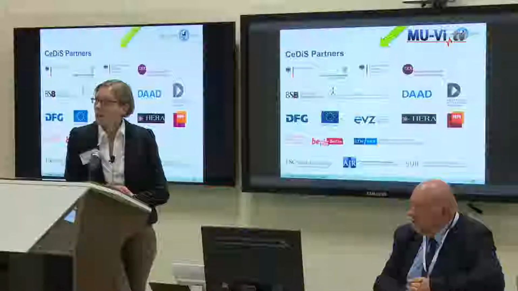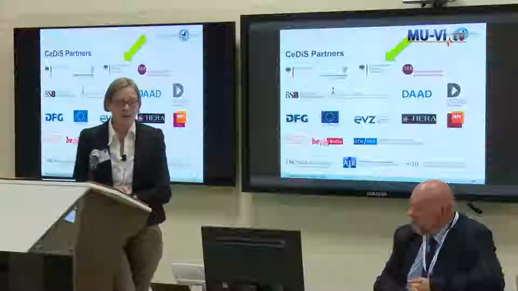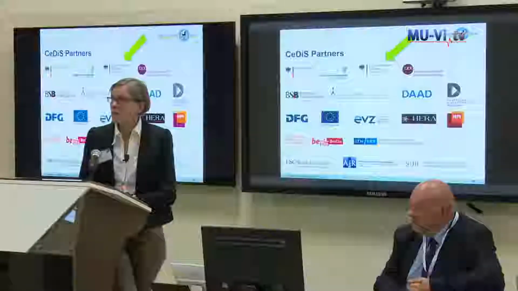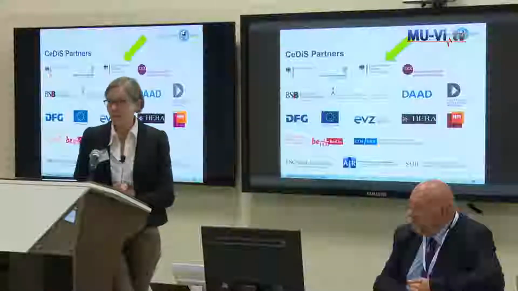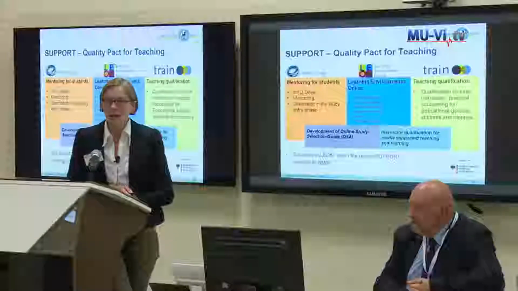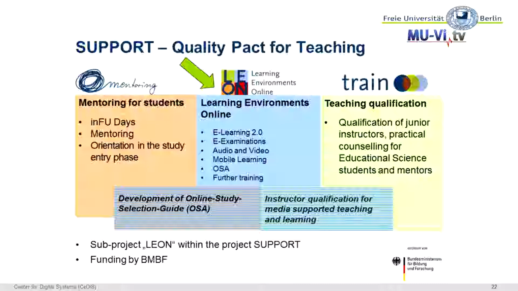And here you can see this one is the ministry, the federal ministry I was just talking about, and I would like to pick out one program and project. They are funding now for 4 years, and we just received another 4 years in this program, so we are very, very happy on that. This is a program called the Quality Pact for Teaching, which in our university has 3 columns.